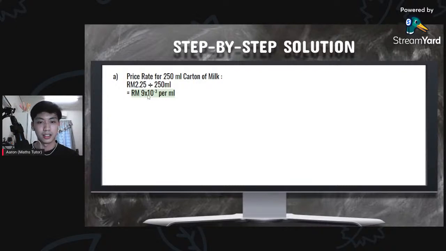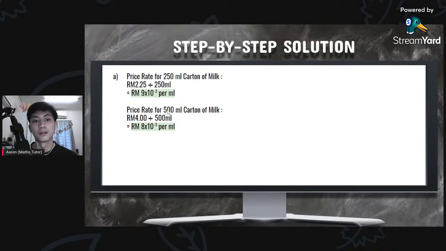All right, if you understand, go on to B, the second part. Price rate for 500 ml: you use the same method. RM4 divided by 500 ml equals how much?